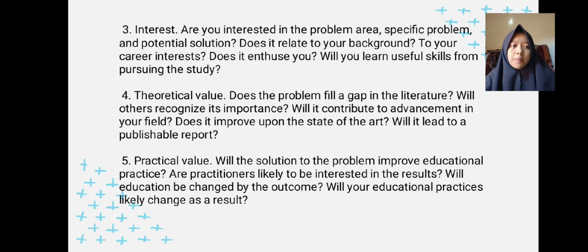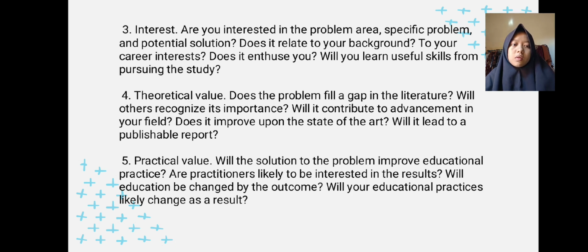The next point is interest. Are you interested in the problem area, specific problem, and potential solution? Does it relate to your background? And will you learn useful skills from pursuing the study?